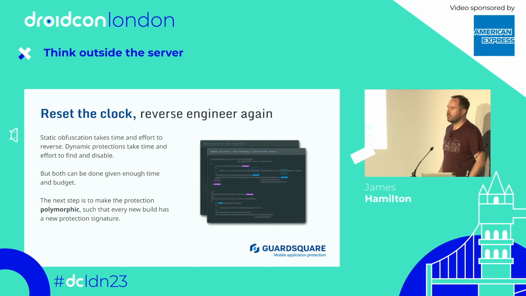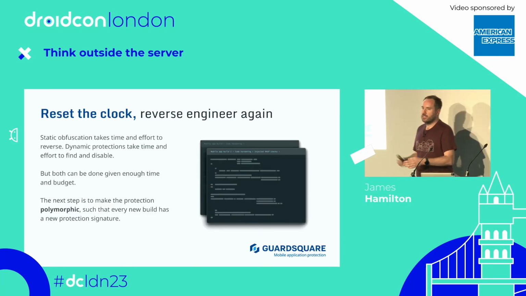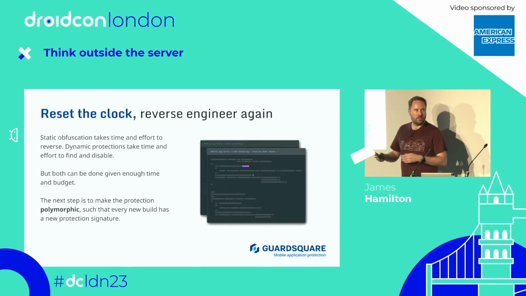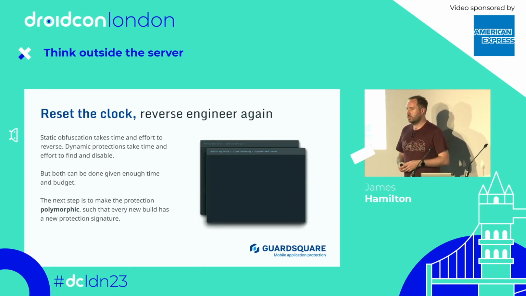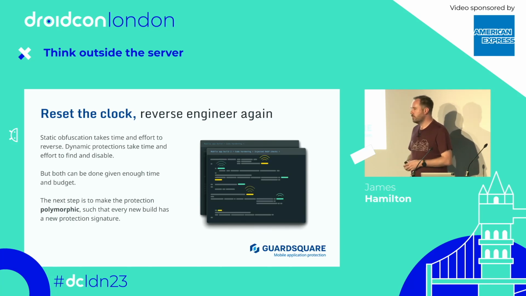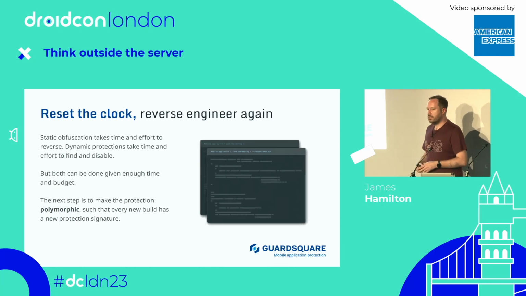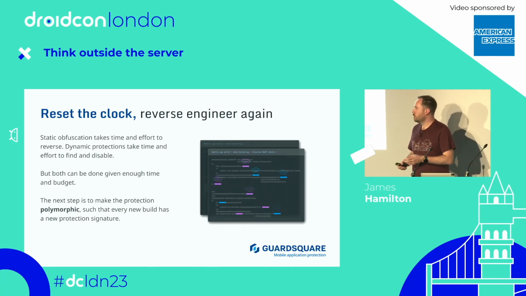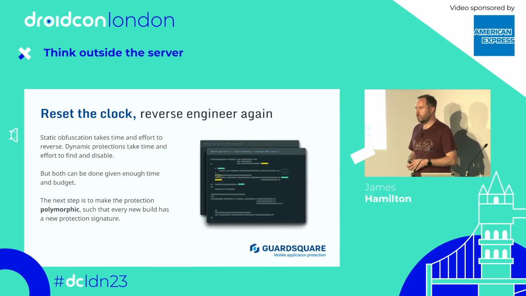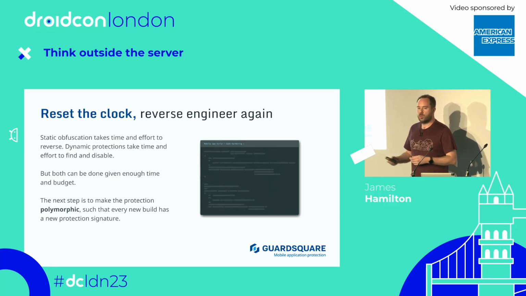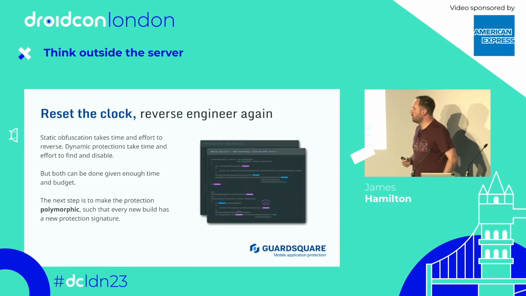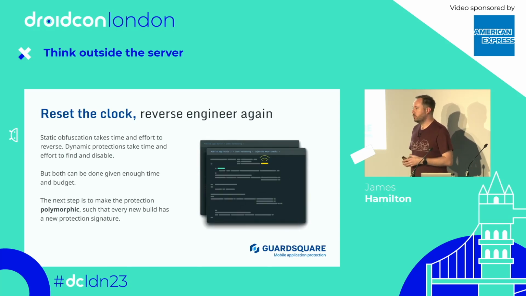Maybe not, because given enough time, if someone can spend, say, weeks or months on reverse engineering your app, they can maybe still understand what's happening. They can maybe find the checks that you try to stop them with the dynamic attacks. So the solution to this is to reset the clock every time you make a build.